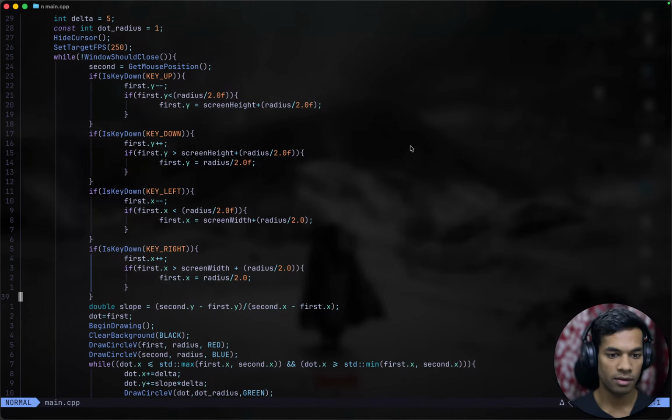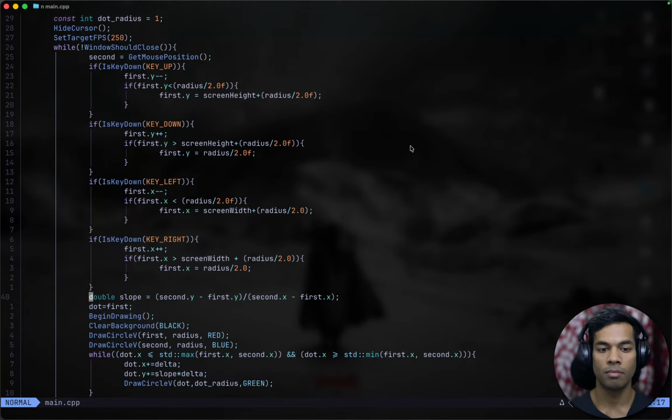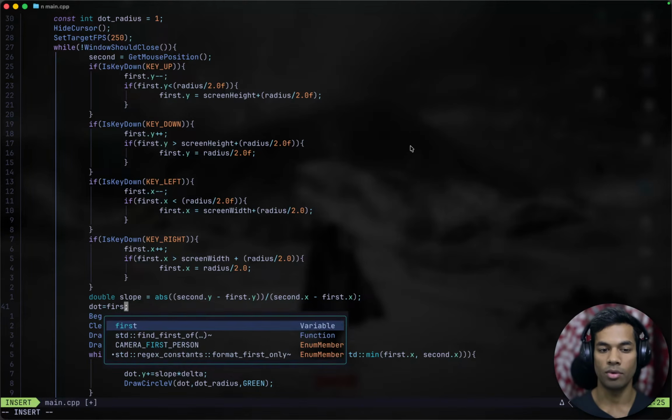I guess we can just change the starting position here. No, slope would not be negative. We'll say absolute value, right? So that higher minus lower, and dot will not be equal to first.